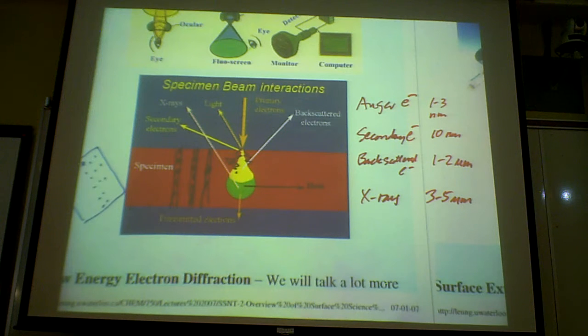Usually this is in the range of X-ray. This is obviously material specific, because you're exciting your material from one electron energy level to another, and different materials have different electronic structures.